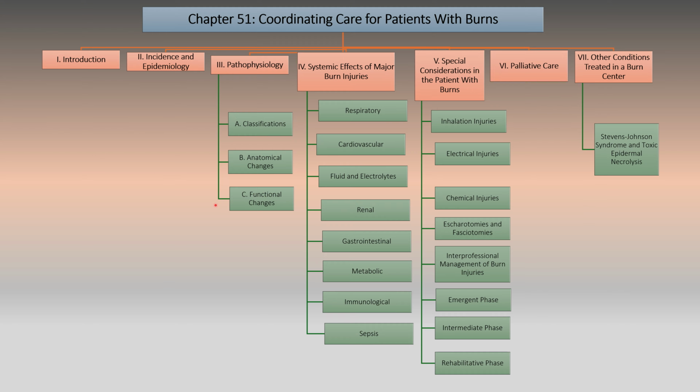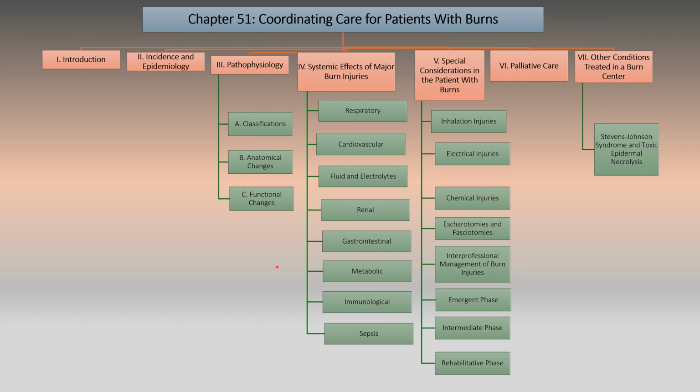Now let's make a little recap. This chapter covers several important labs and diagnostic studies, primarily for the emergent, which is the resuscitative phase of burn management. The key labs and diagnostics you should know. Initial laboratory studies are essential for establishing a baseline, determining resuscitation needs, and identifying pre-existing conditions.